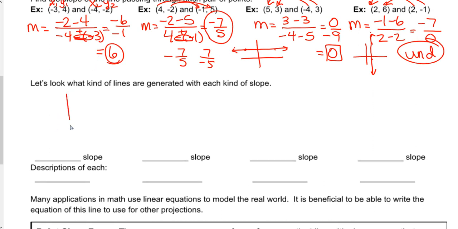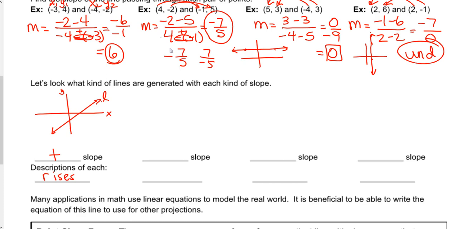If I have my coordinate plane, where this is my x and this is my y, a positive slope of a line is going to be increasing from left to right. So if I have a positive slope, the description means that the line rises from left to right. And you'll want to know that because they'll ask for descriptions in your practice with this.